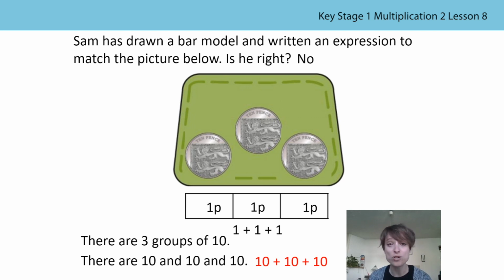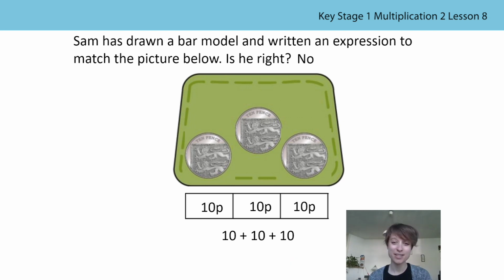And he knew that for his repeated addition expression, he needed to have 3 numbers. But the mistake that he made was that he wrote the number 1 instead of the number 10. So this is what it should have looked like. Now he was almost there, wasn't he?